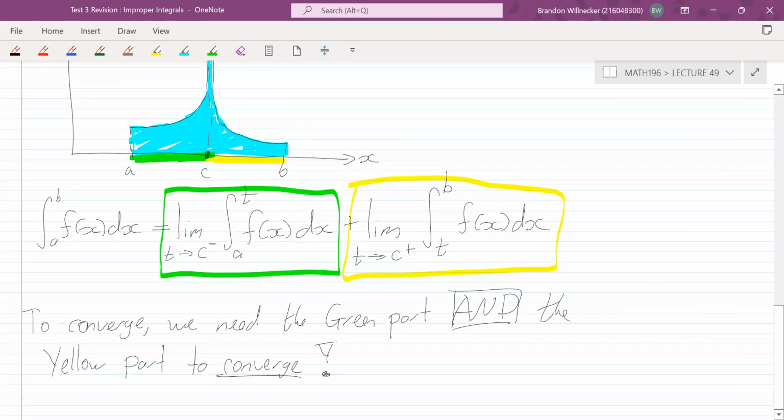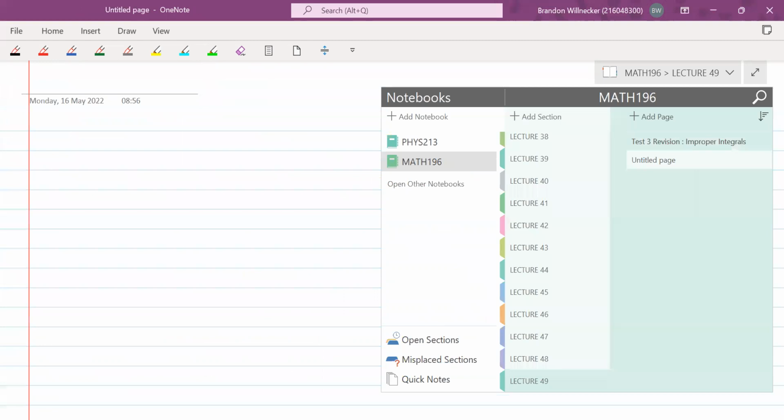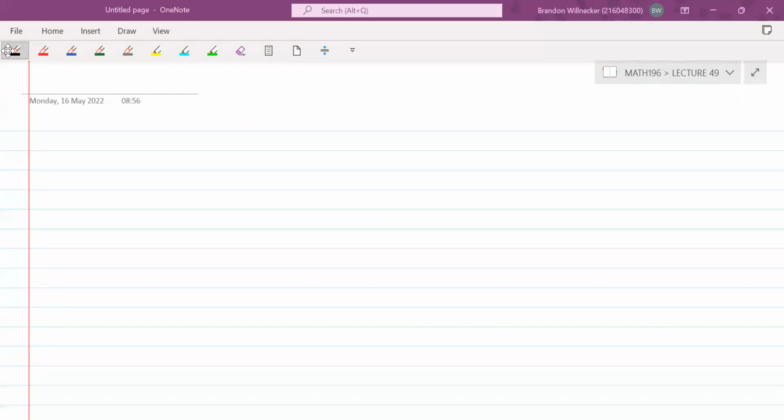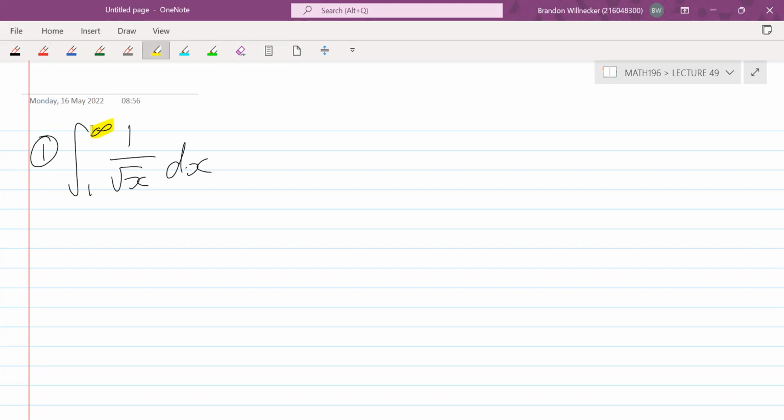Let's take a look at some examples. Example number 1: we have the integral from 1 to infinity of 1 over root x dx. We see that the upper bound is infinity, so it's an improper integral. We need to make this proper by replacing that infinity with a limit.